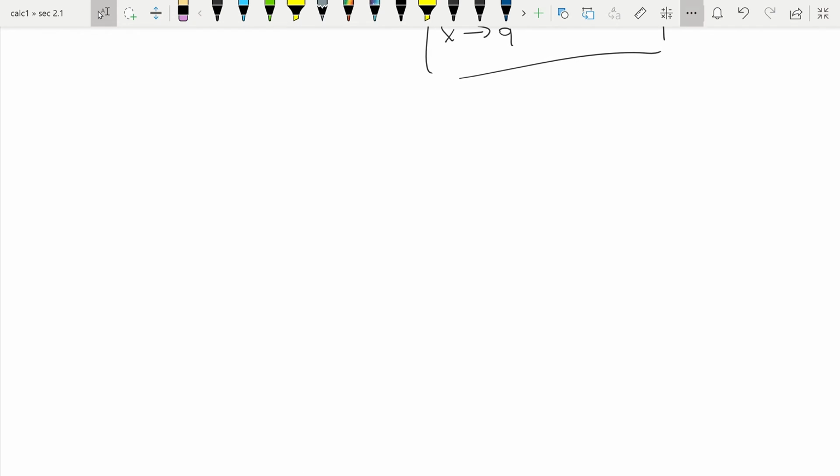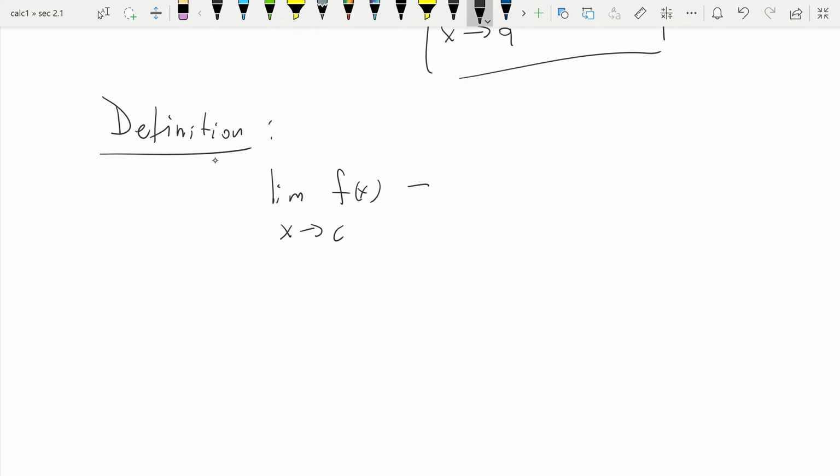This leads us to the actual definition of limit. So far we've only discussed things at an informal level. So what do we mean by the limit of a function being L as x approaches a certain constant c? This is the definition of limit, and we already wrote this in the previous section.